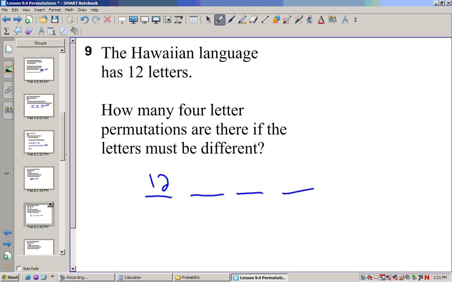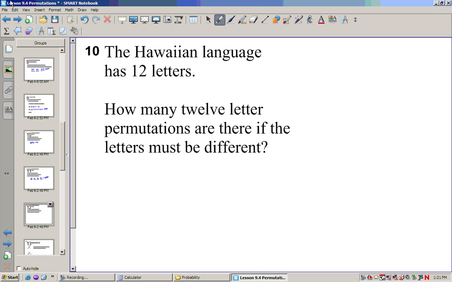That would be 12 times 11 times 10 times 9, that's 11,880. How many 12-letter permutations? Now this would be 12 all the way down, so we can just say 12 factorial.